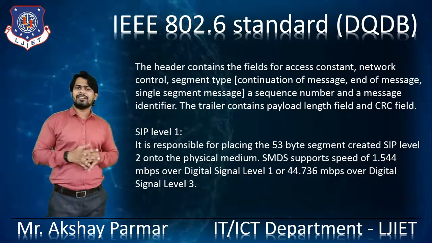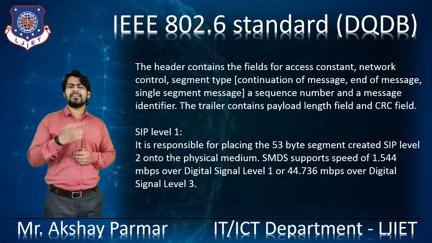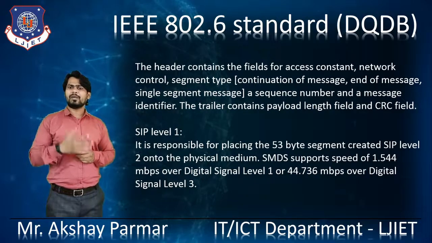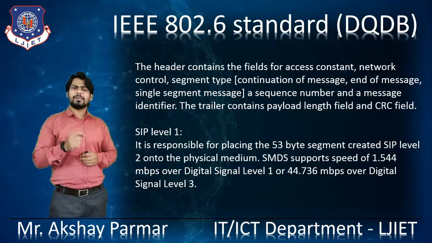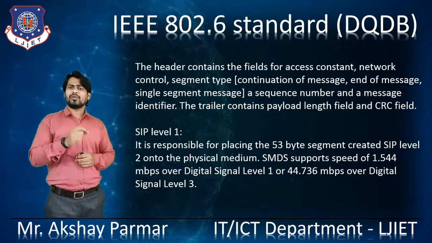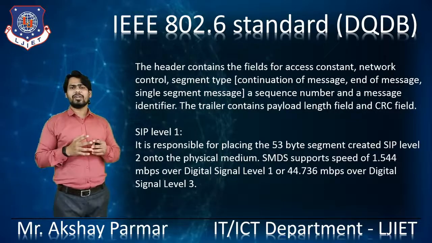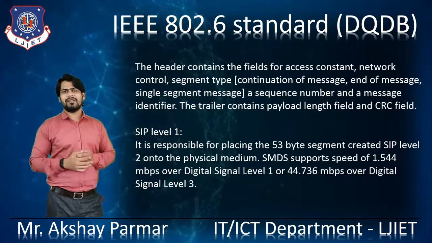SIP level 1 is responsible for placing the 53-byte segments created at SIP level 2 onto the physical medium. SMDS supports the speed of 1.544 Mbps over a digital signal level 1 or 44.736 Mbps over a digital signal level 3.